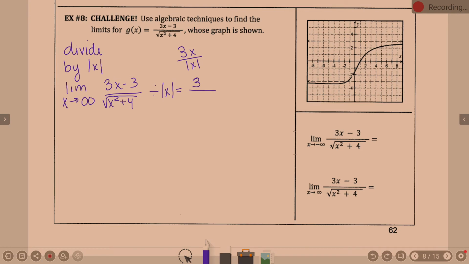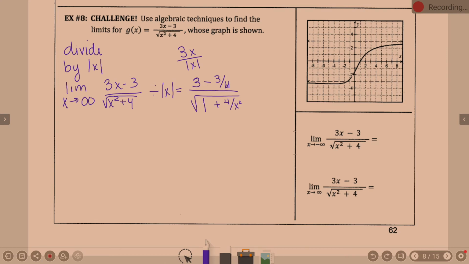Minus 3 over the absolute value of x, which is going to be like 3 over x, right? On bottom, when you do the square root of x squared, you're dividing by the absolute value of x, it's just going to become a 1. This one over here, I'm going to put as 4 divided by x squared, because under the radical, that absolute value of x is still an x squared, right?